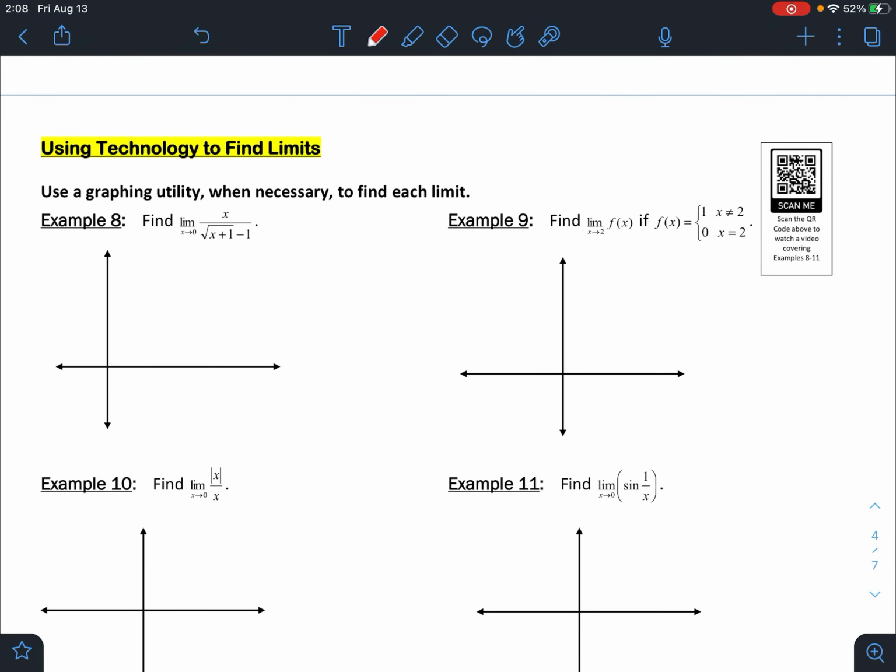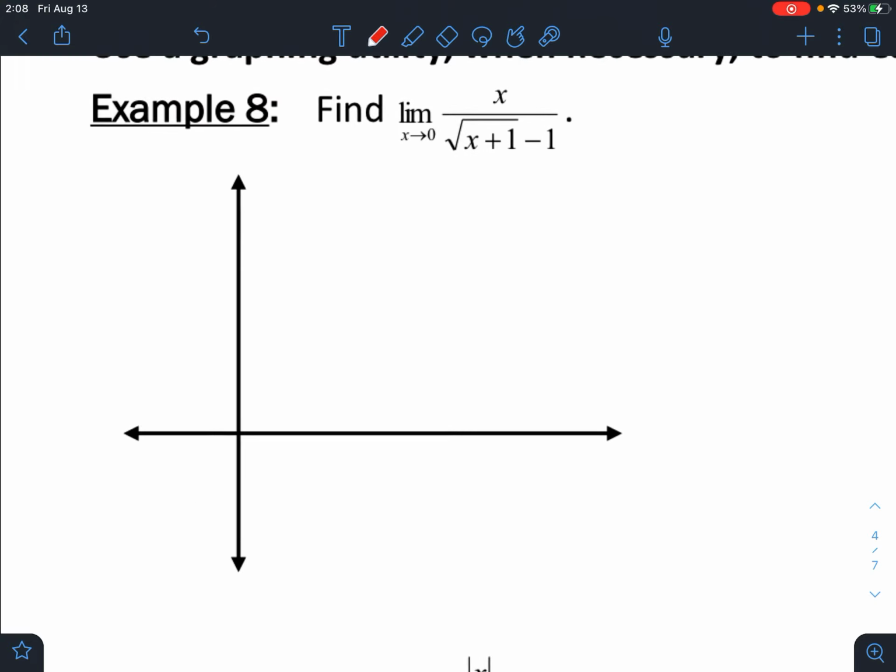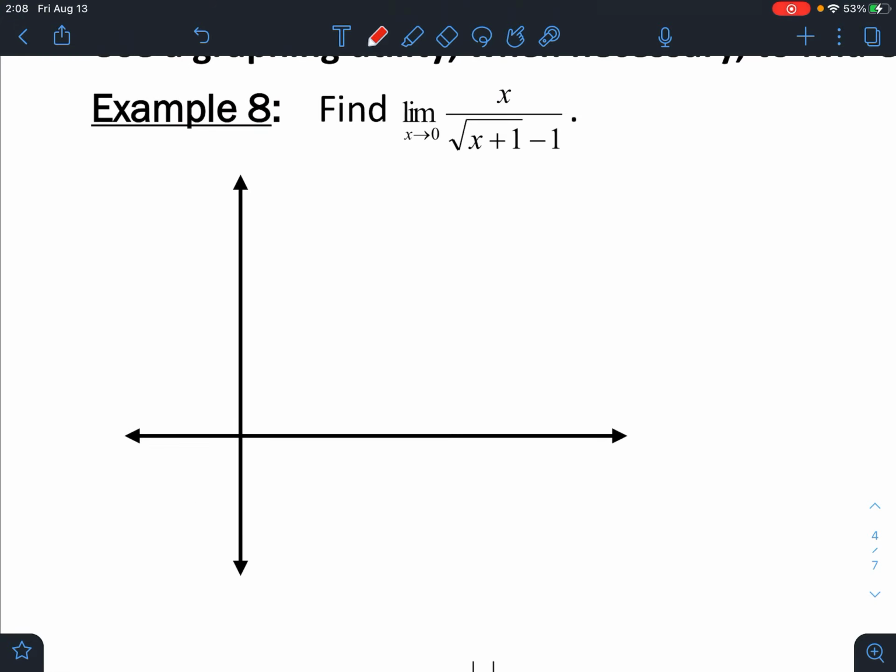Okay, so now we're going to take a look at using a graphing calculator or some type of graphing device. We can use the graph or we can use a table to find each limit. So the first one says the limit as x approaches 0 of this function here. Go ahead and pause this video if you need to put that into some type of graphing device and come back and unpause it when you're ready.